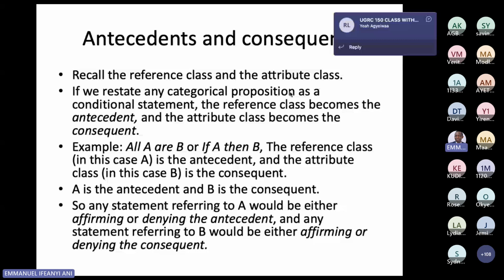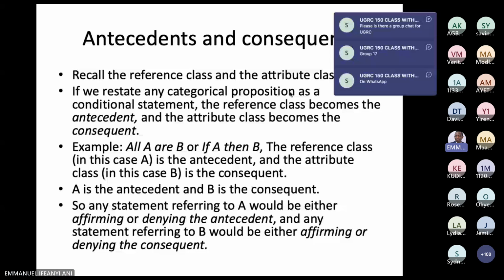Normally, to work better with an argument, it's better to convert the categorical to the conditional. When you look at an argument in conditional form, it gives you a clearer picture of what you want to do. Okay. So whenever we restate any categorical proposition as a conditional statement, the reference class becomes the antecedent and the attribute class becomes the consequent.